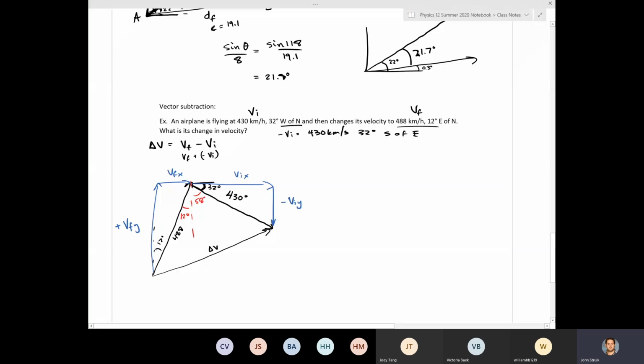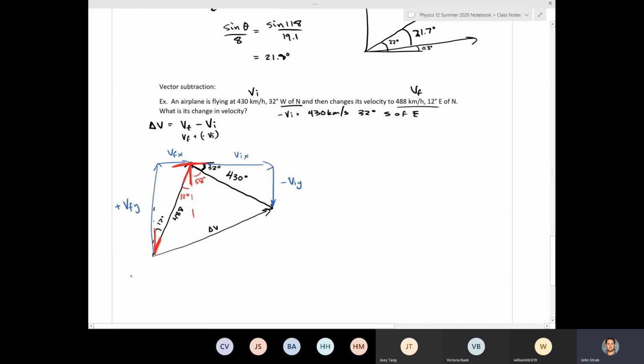Because if you think about this as being a T, where it's all perpendicular, if this corner right here is 12, this corner also has to be 12. That's called the Z rule. I don't know if you guys remember that, but if you have a Z where you have two parallel lines intersected, then this angle is equal to that angle, and that angle is equal to that angle.